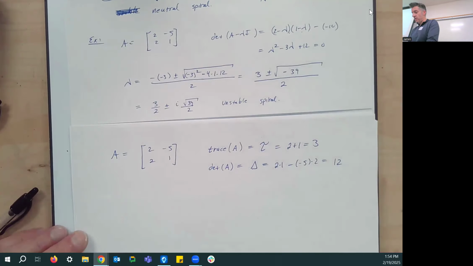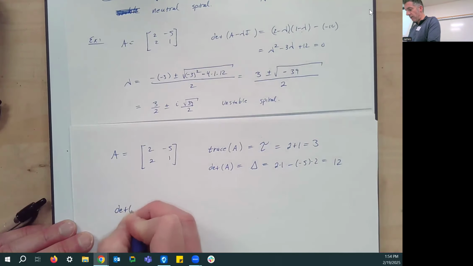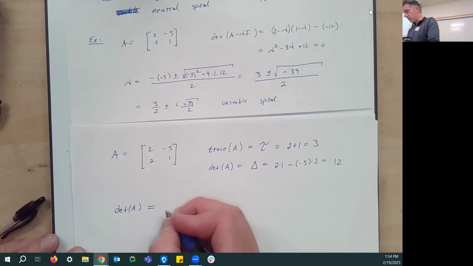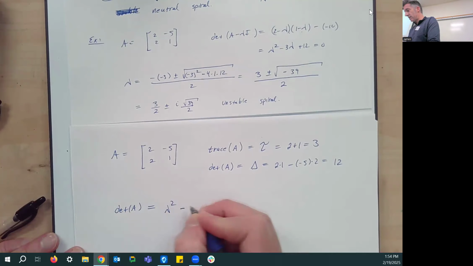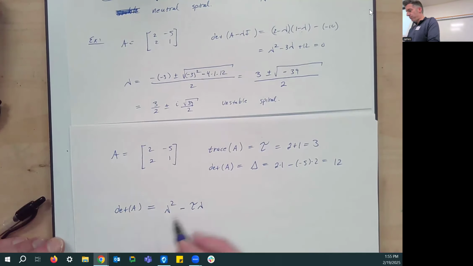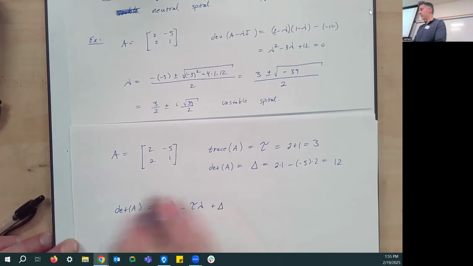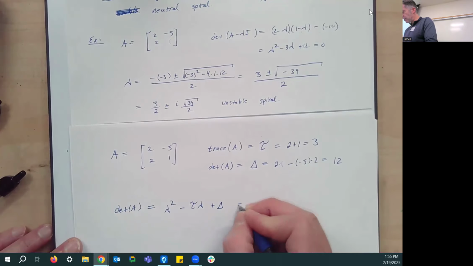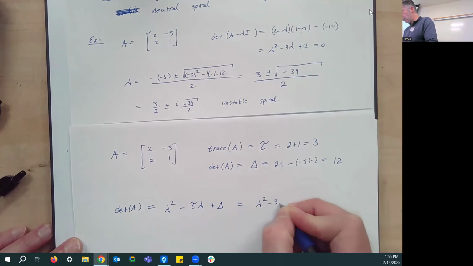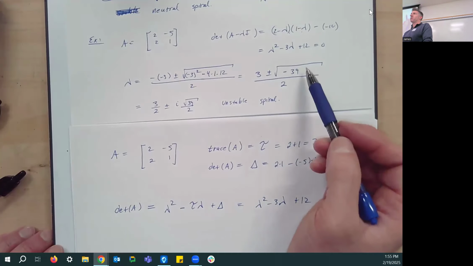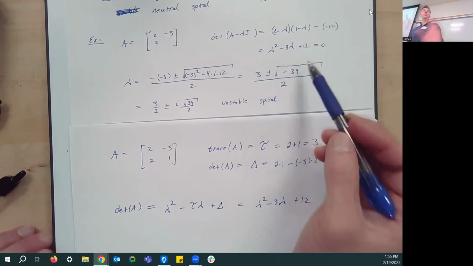More generally, the characteristic equation is always going to be lambda squared minus the trace times lambda plus the determinant, which in this case is lambda squared minus 3 lambda plus 12. Oh, look, it's exactly the same equation we had up here. But this is always true.